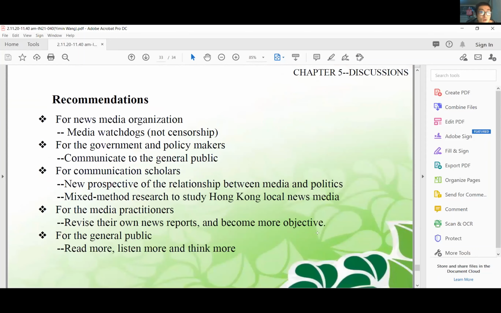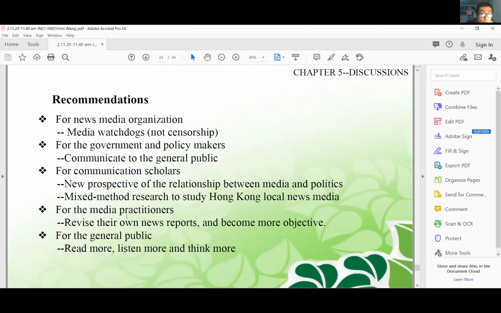From the research, we can see that a media watchdog needs to be established in the Hong Kong news industry. The government and policymakers need to communicate with the general public. For scholars, more methods can be used to study this topic.